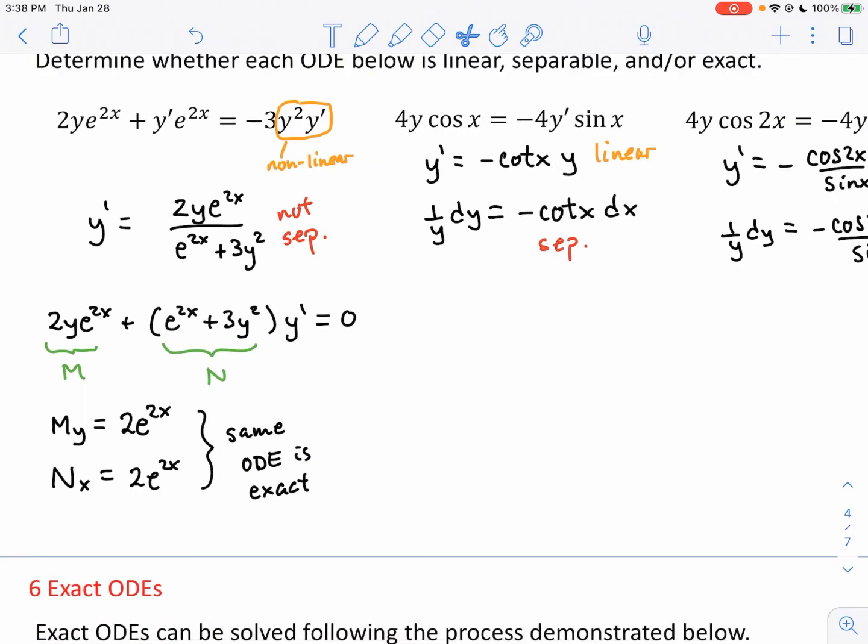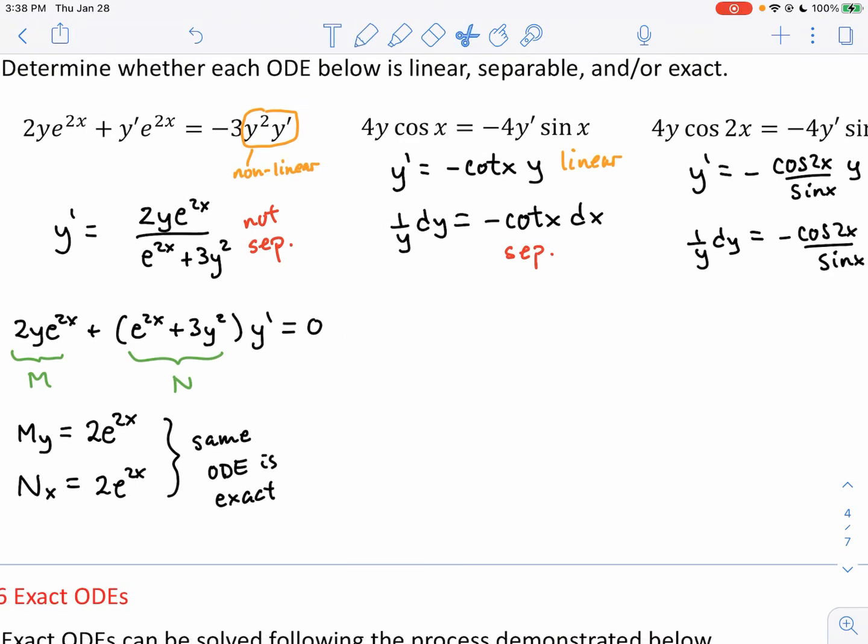Now let's try the next one. I'm going to zero out the right side of this equation by adding what I just circled over to the left. So that gives us 4y cosine x plus 4 sine x y prime. I'll put the y prime there at the end is equal to 0.